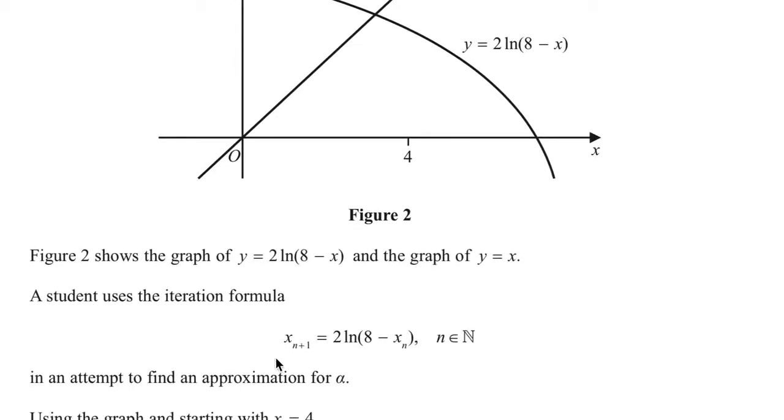So we substitute 4 in. 4 goes in here. What comes out of here is the value of y for that particular point. So we're going to input a 4, we're going to output this value. That value is then the next value that's used for x.